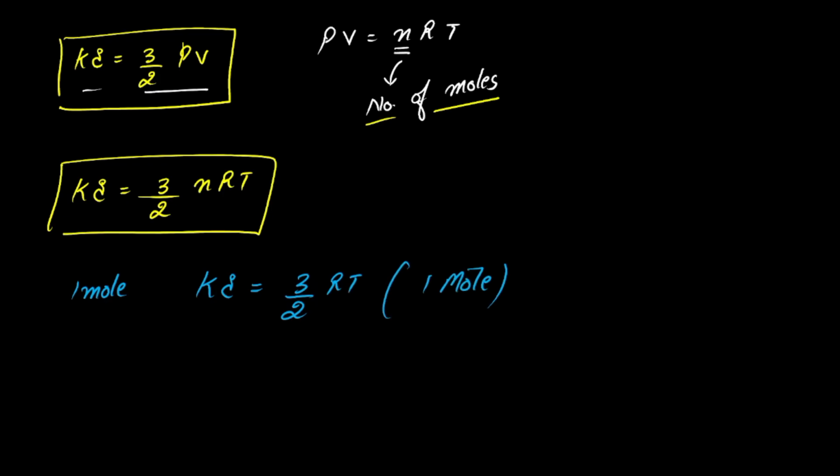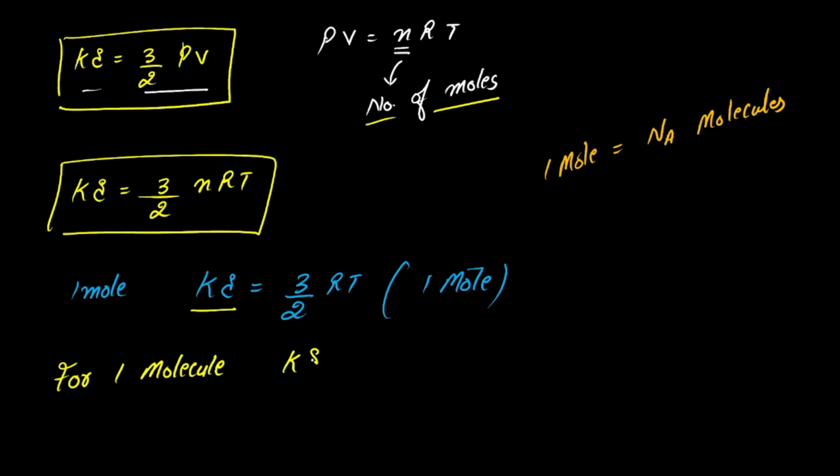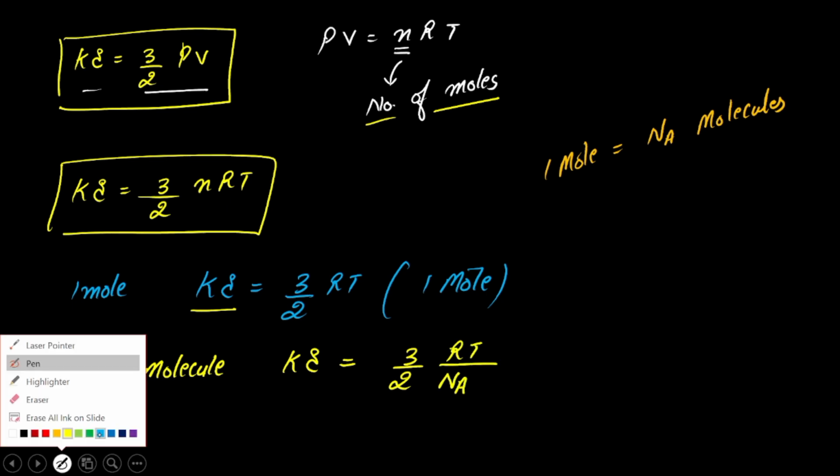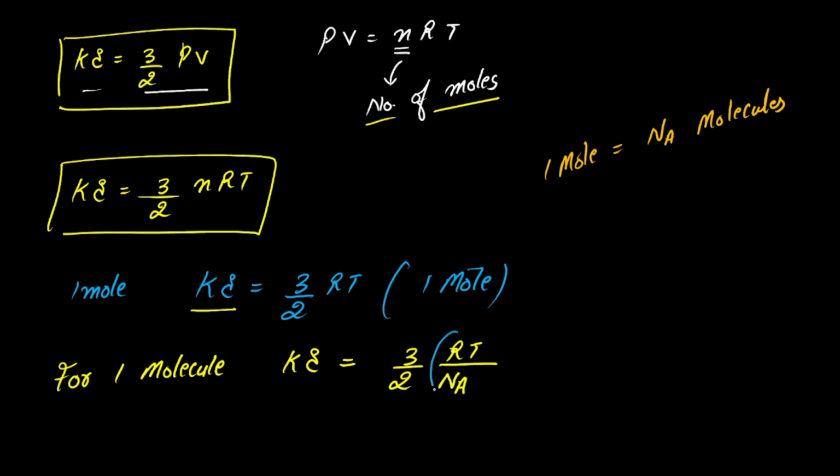And since we know the number of molecules in 1 mole is equal to the Avogadro's number, we can also find the average kinetic energy of 1 molecule. So for 1 molecule, the kinetic energy comes out to be 3 by 2 RT divided by Na. Now, in this expression, R by Na is what we call the Boltzmann constant, represented with Kb.